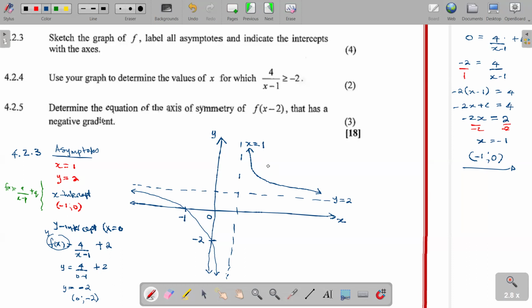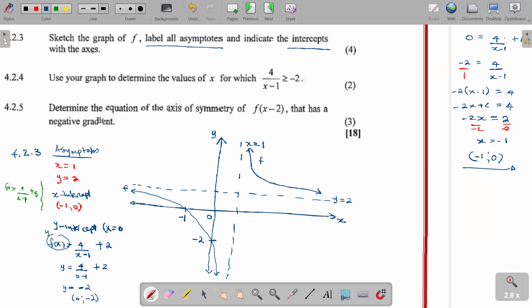It's f here. That's our graph, it's f. If we are to take note, the question said to label the asymptotes. There we have our asymptotes. It was also saying indicate the intercepts. We show all the intercepts with the x's.